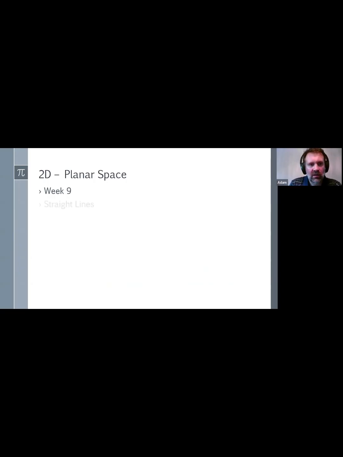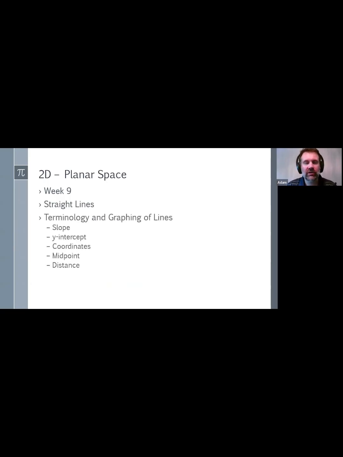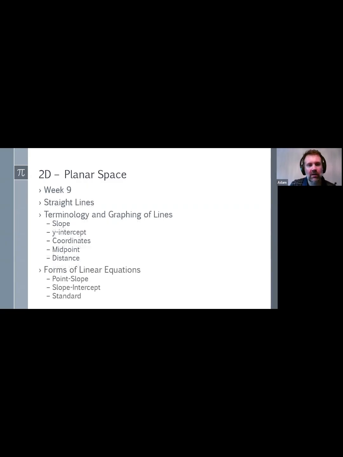So week 9 is basically dealing with straight lines. So you're going to learn the terminology of and how to graph lines. So you're going to learn things like slope, y-intercept, coordinates, midpoint, distance, anything that really is devoted to a line.